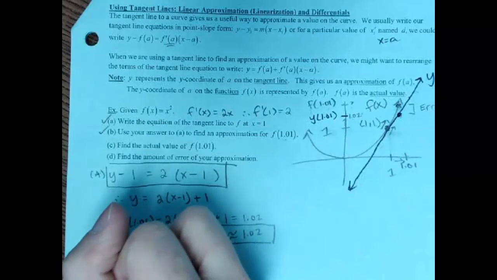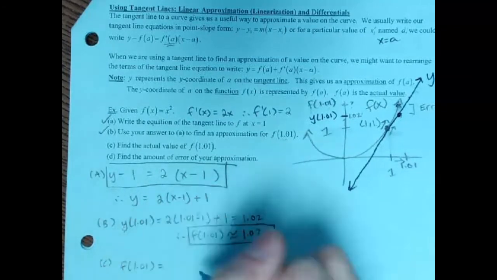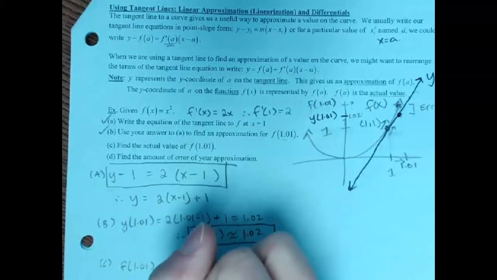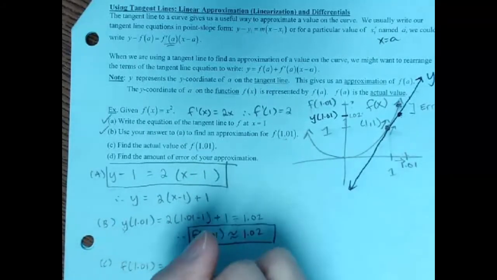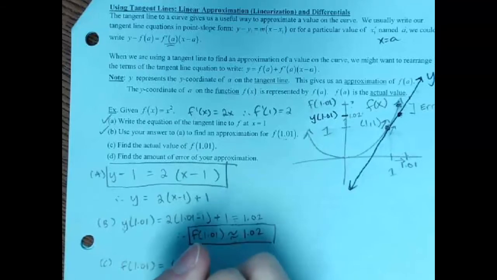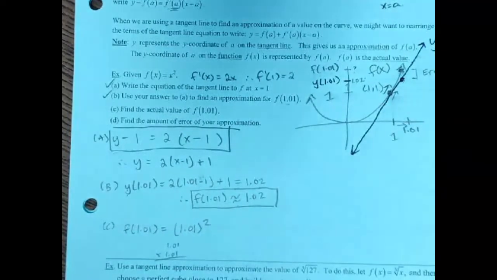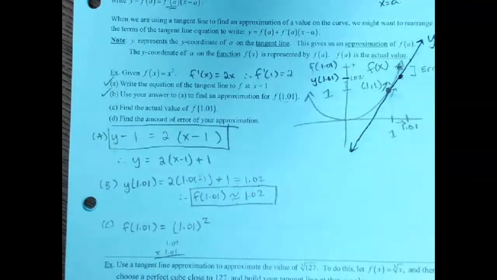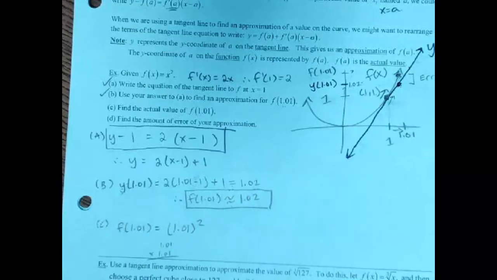Find it exactly. Okay, so f of 1.01 would just be 1.01 squared, which we could do by hand, right? I could do 1.01 times 1.01. We know how to do multiplication by hand. At least you should. Hopefully that was like elementary school. So I could do this by hand. In general, these more complicated functions sometimes won't be able to be done by hand.